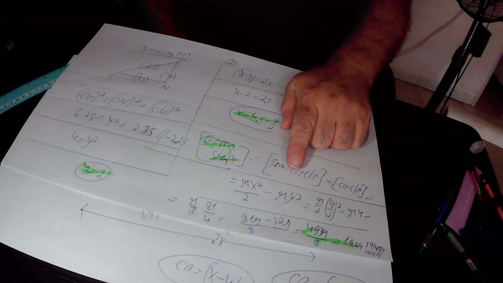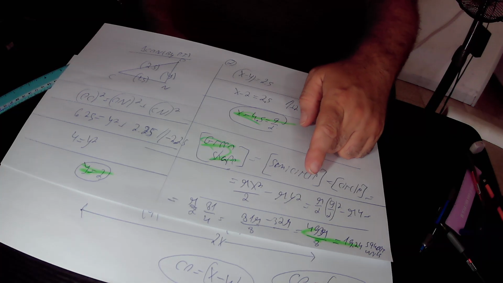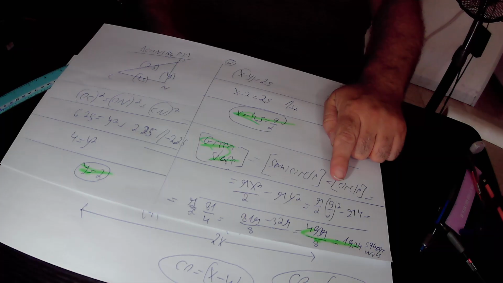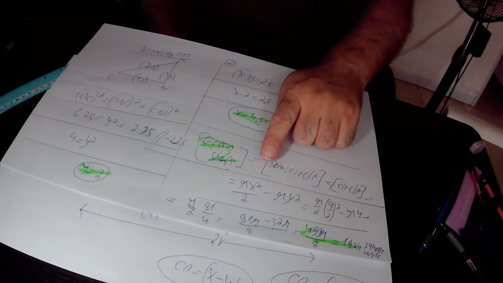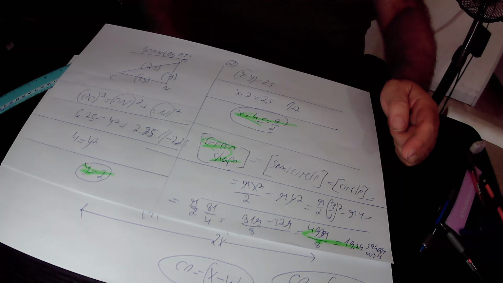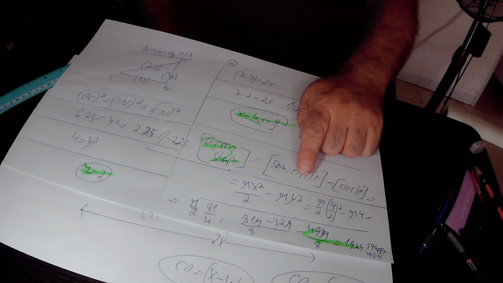So in total, the area of the green shape equals pi x squared over 2, that is the area of the semicircle, minus the area of the circle, that is pi y squared. X is 9 over 2, therefore x squared is 9 over 2 squared. So this expression equals pi over 2 times 9 over 2 squared, minus pi y squared. Y is 2, so y squared is 2 squared, that is 4.